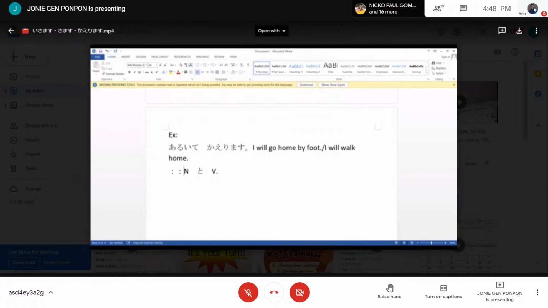Okay? So the noun here is a person or animal. So the to particle here will indicate that the subject is doing something together with the person or the animal.